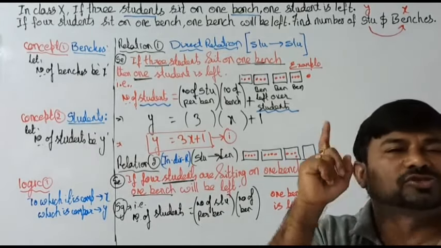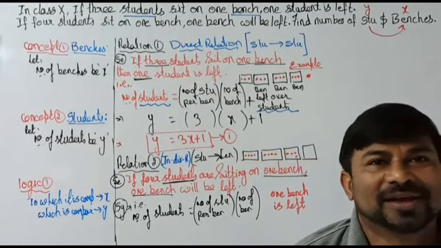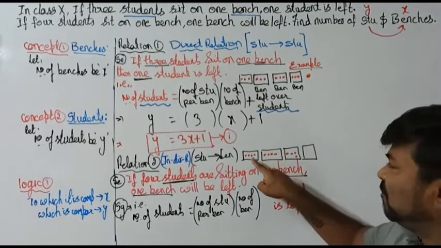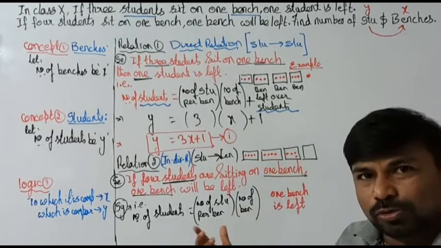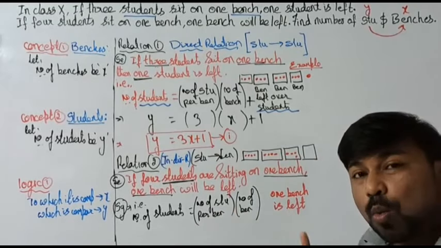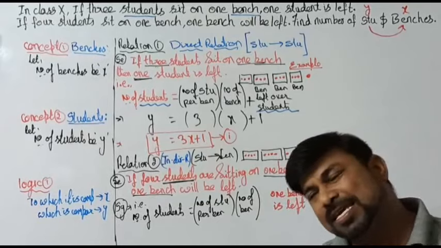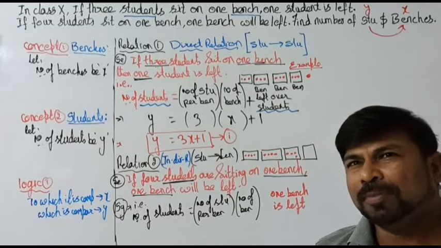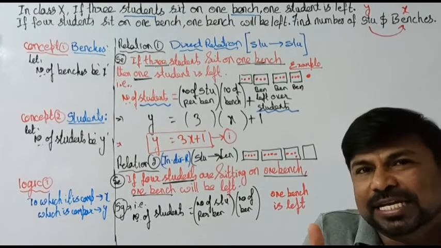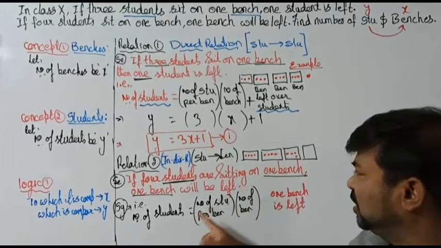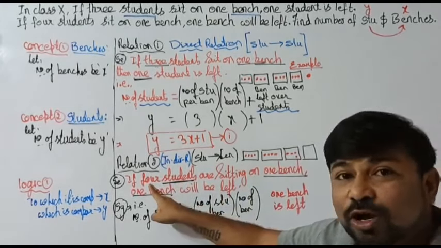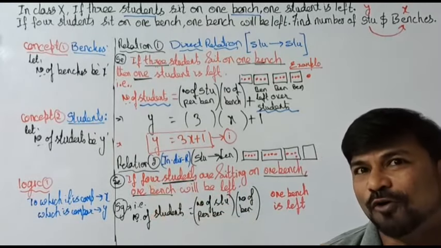Now let's think in a different way. When we are counting the number of students, what did he say? 1 bench is left. Means, how many students can sit on 1 bench? 4.